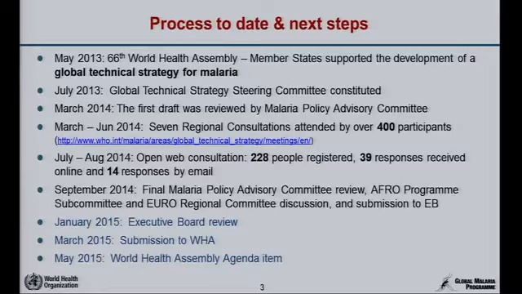Very early on, those early drafts were shared with the Malaria Policy Advisory Committee, the top policy-making advisory board to WHO, and very early on, a very intense process of regional and country consultation was established.